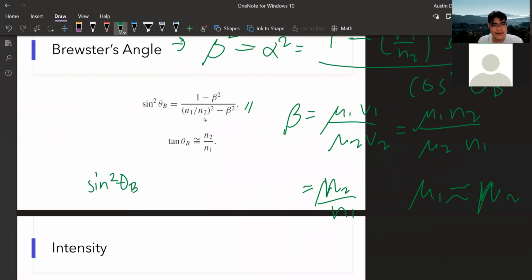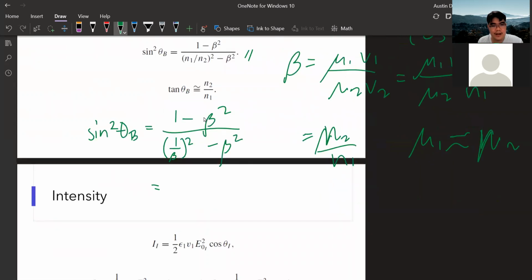Baka maguluhan kayo kay Griffiths, bigla siyang tumalon dito. This is 1 over beta squared minus beta squared. Then I multiply everything by beta squared sa numerator and denominator. Beta squared, beta squared. 1 minus beta squared.